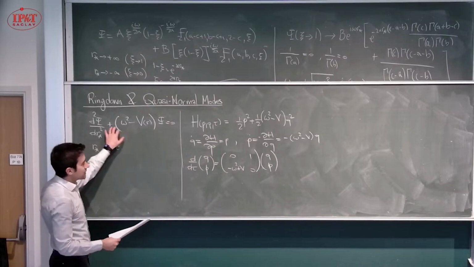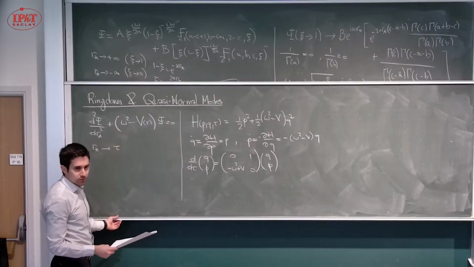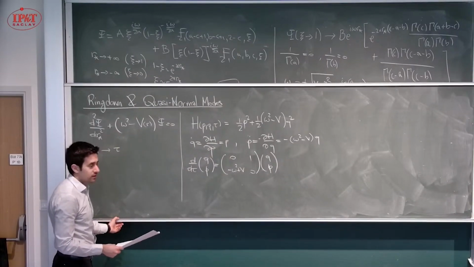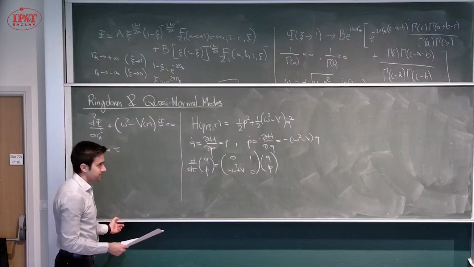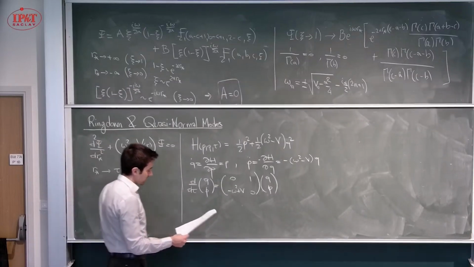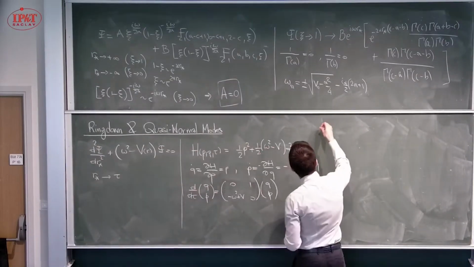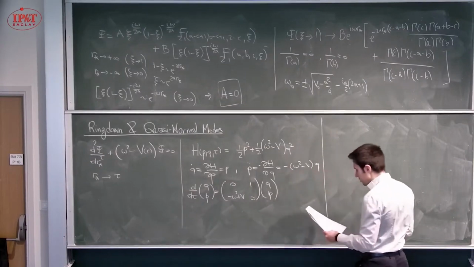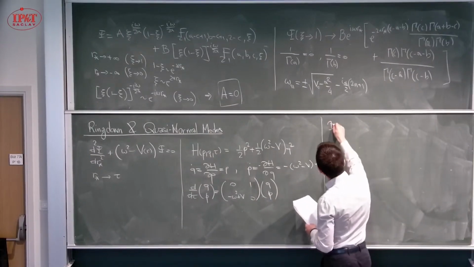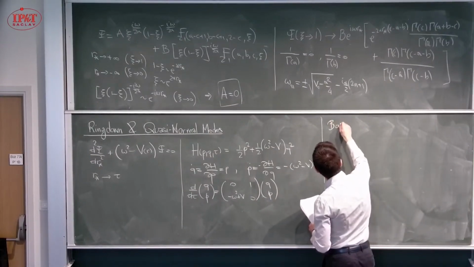This is completely equivalent to the previous equation, and V is a function of tau. And the boundary conditions for the quasi-normal modes now take the following form.